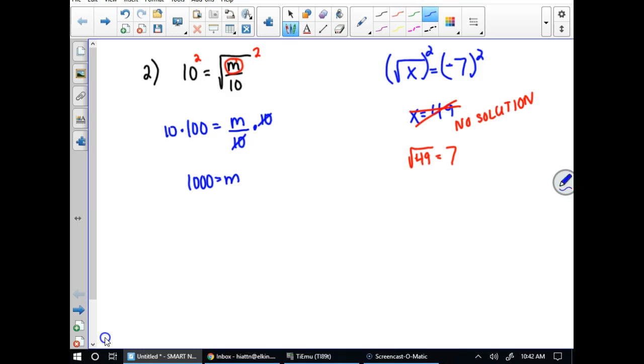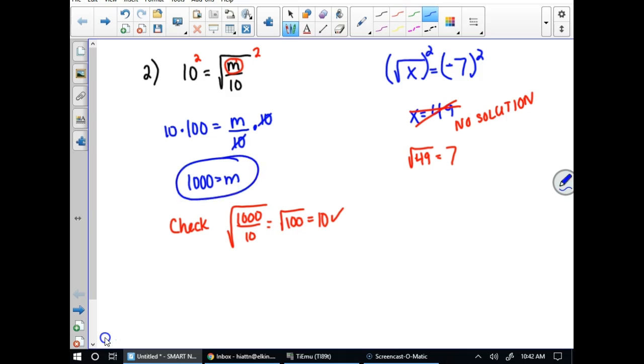So, like for this one, if we check, the square root of 1,000 over 10 equals the square root of 100, which does in fact equal 10. So that is correct. So that is our answer.